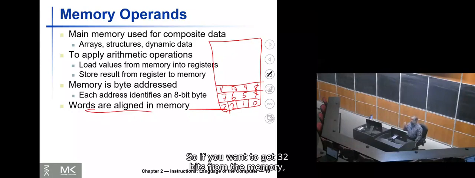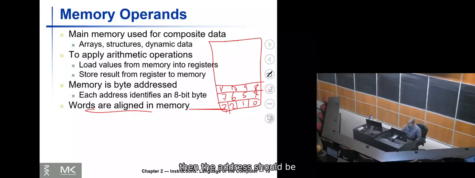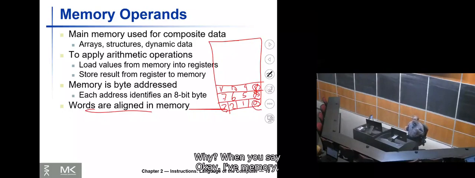So if you want to get 32 bits from the memory, then the address should be 0, 4, 8, 12, 16, 20, and so on. Why? When you say, okay, I want 1 word from you at address 4, then it means that the MIPS needs this row.